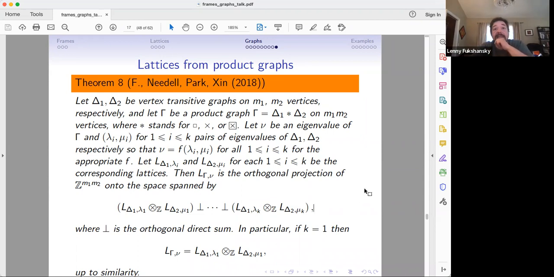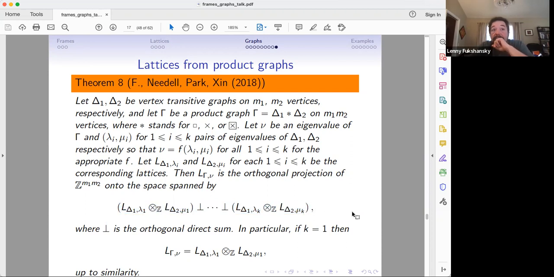Now, in case k is equal to 1, meaning I take just one pair of eigenvalues, then I get a lattice which is just a tensor product. In other words, for just one pair, I just get the tensor product of lattices. In general, for multiple pairs, I do not necessarily get this lattice.